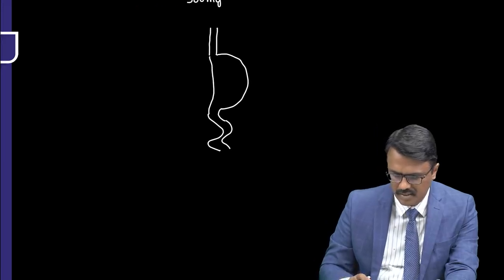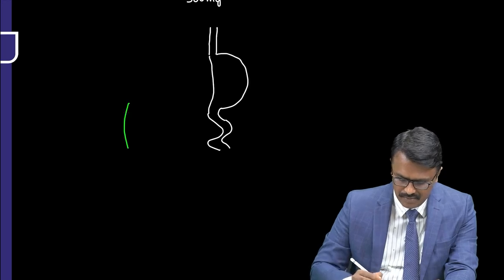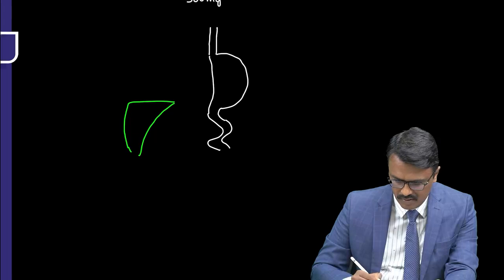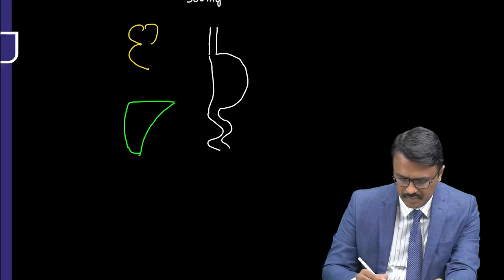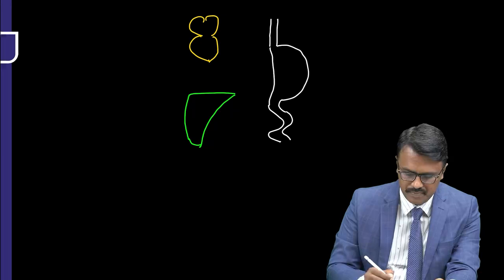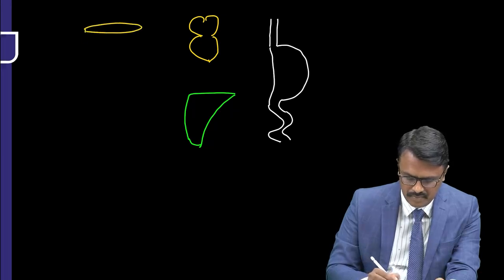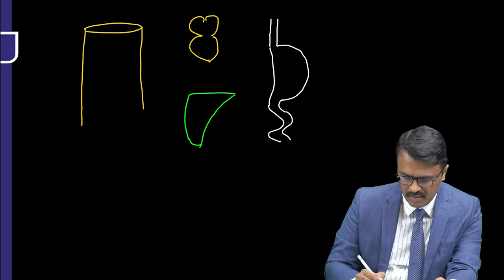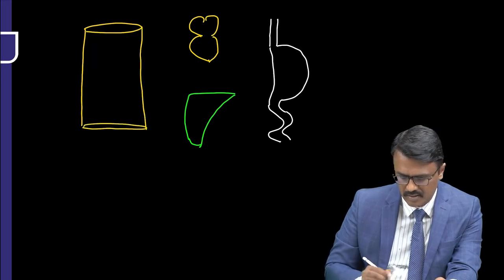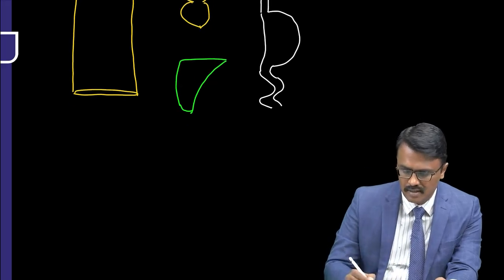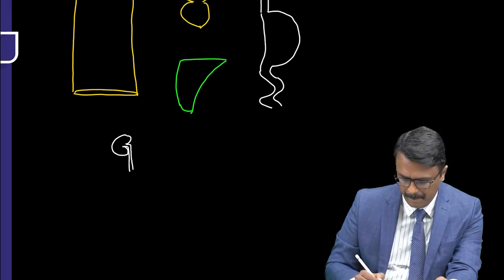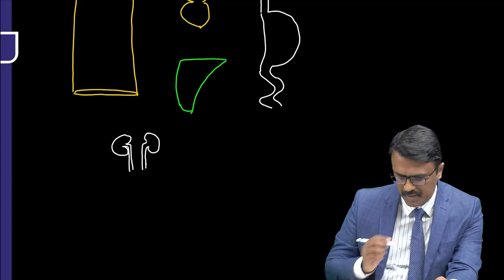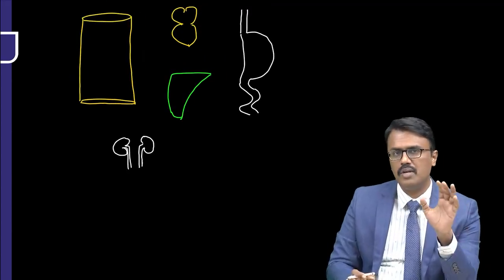Then we have the liver here, and then the heart. Once you know the heart, we have the blood vessel here. This is the blood vessel. And then the other organs of elimination like the kidneys. This is the kidney. So I need these organs to make you understand.